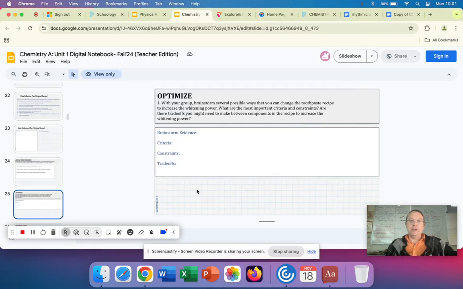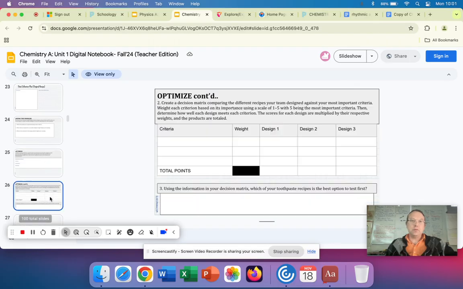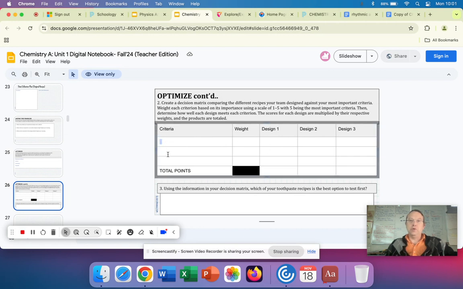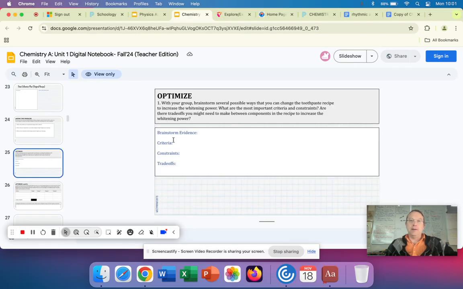Look at the evidence and do your decision matrix chart here with the desirable outcomes for toothpaste. What are 3 of them? Give them each a weight, and then brainstorm different ways you could increase the whitening power. Think of trade-offs you can make. Turn these 3 slides in today.